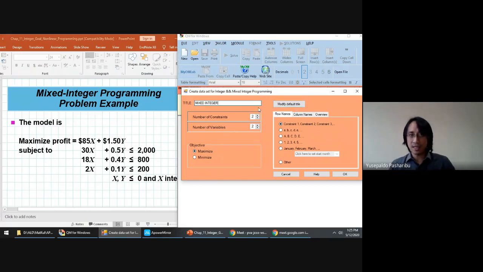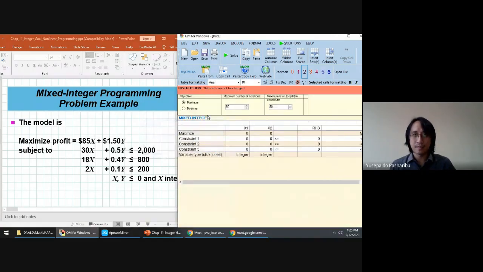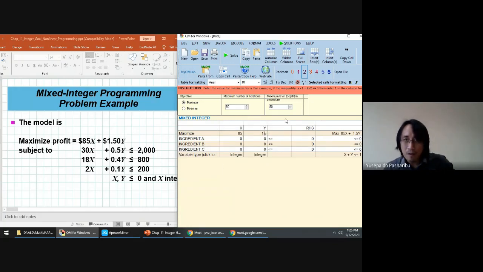Number of constraints is 3, ingredients A, B, C. Number of variables is 2, xylene and hexal, X and Y. The objective is still maximize, with X1 becoming X and Y, and the constraints are ingredient A, ingredient B, and ingredient C. The maximize coefficients are 85 and 1.5.